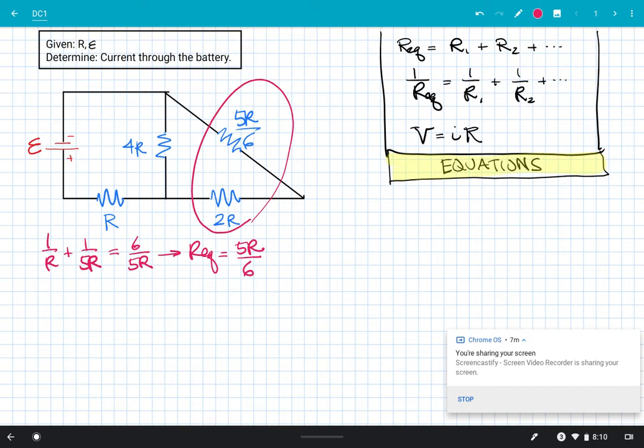So for that series, that's just the sum. That's going to be 5R over 6 plus 2R, which gives me 17R over 6. I can replace those with a single resistor. That's just 17R over 6.